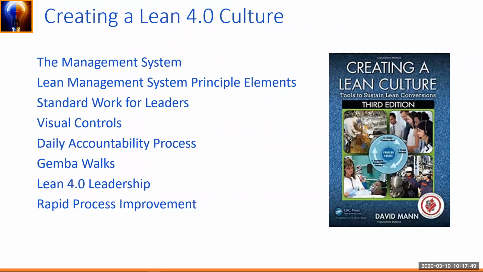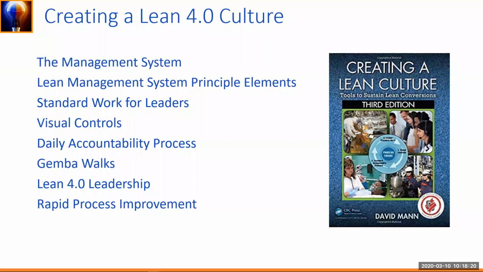I go back to David Mann's seminal book within Lean, Creating a Lean Culture. What he talks about are the different steps for creating that culture within your organization, looking at the management system, the principal elements of that, really focusing on standard work for leaders, visual controls on the shop floor, daily accountability process, having that checklist of things that you go through for everybody in the organization.